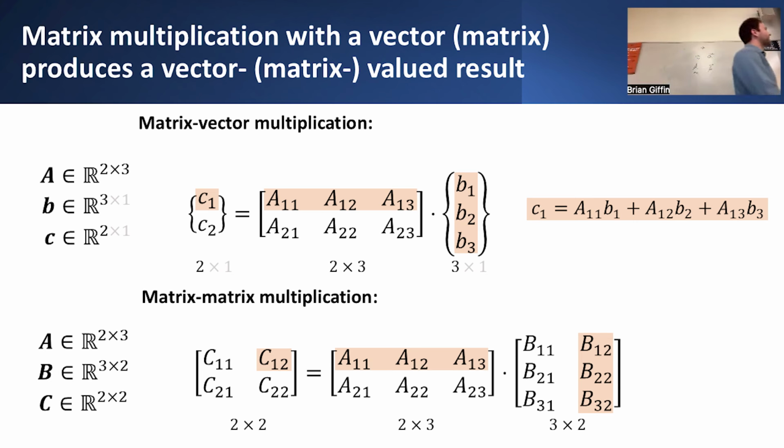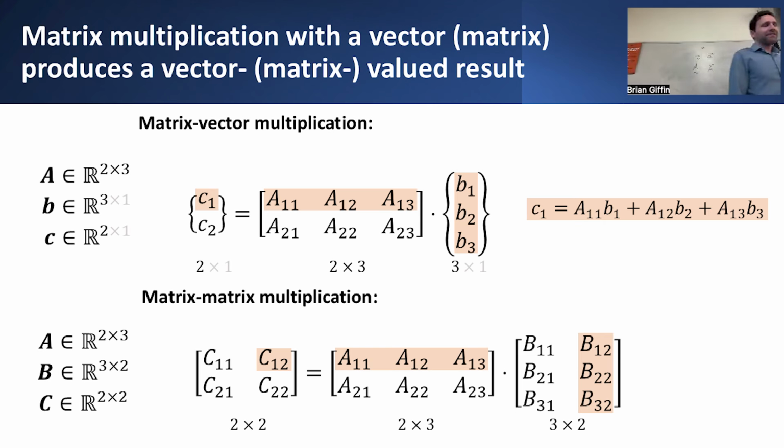So consider this particular example where I have a matrix with dimensions 2 rows, 3 columns. Let's say I have this vector B with 3 entries arranged in the format of a column vector. The resulting vector that appears from this matrix vector product can be computed in an entry-wise sense by supposing that C1 is the result of taking the inner product, or the dot product, between the first row of this matrix and the column of this vector.